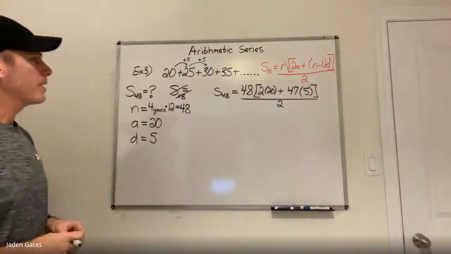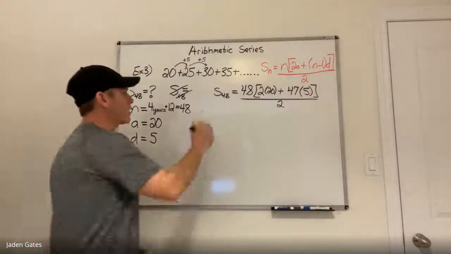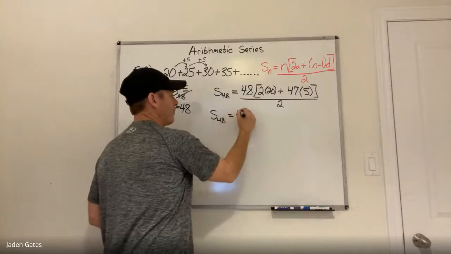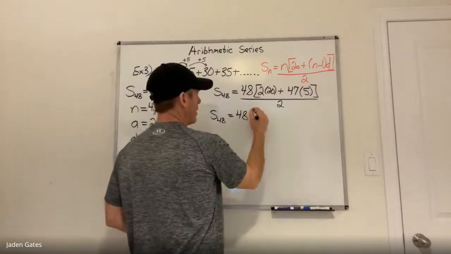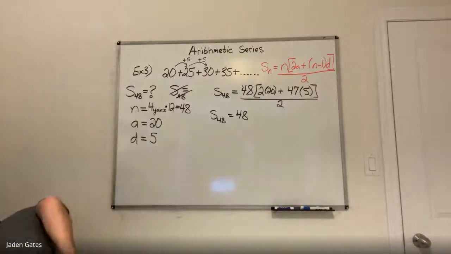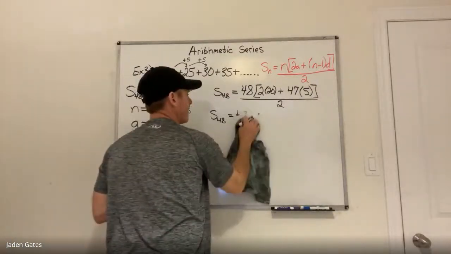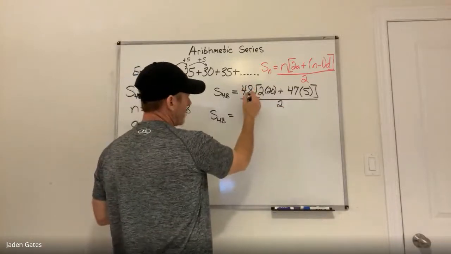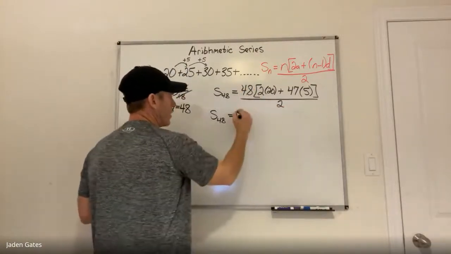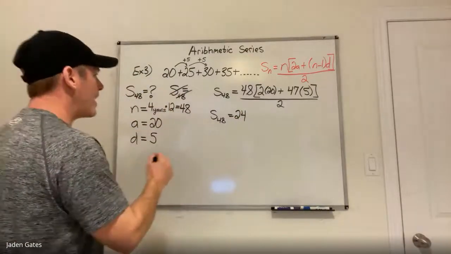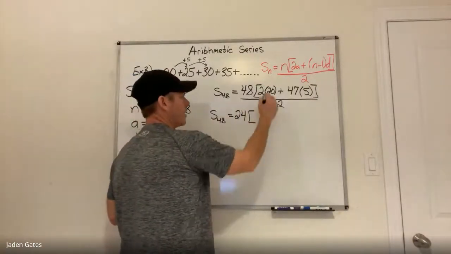All right, again, just the math doing its thing. I've got S of 48. Now here's something: I can change up how I calculate this. I can put the 48 and the 2 together. I have a 48 on the top here and a 2 on the bottom. I divide those two, and I can get straight to the 24 there. But before I do all that, I've got to do the inside of the brackets.